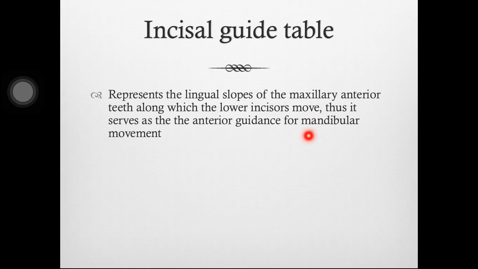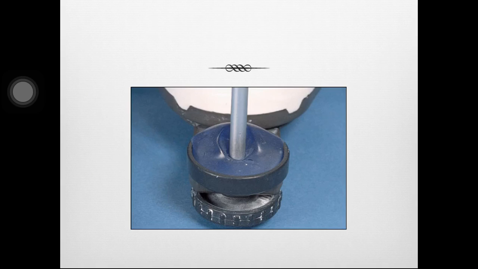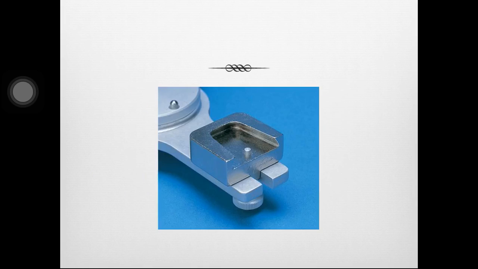Thus, it serves as the anterior guidance for mandibular movement. Horizontal guidance represents the lingual slope of anterior teeth, and lateral guidance represents the lingual slope of canines or maxillary posterior teeth. This is the incisal guidance, and customized incisal guidance is in progress.